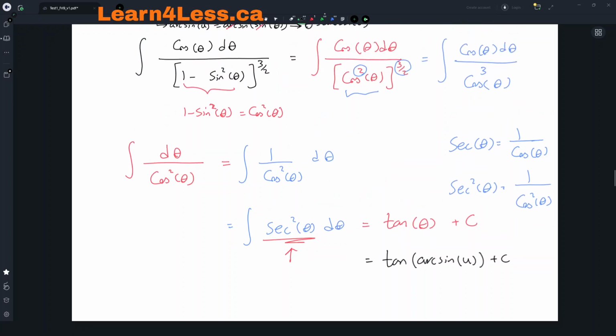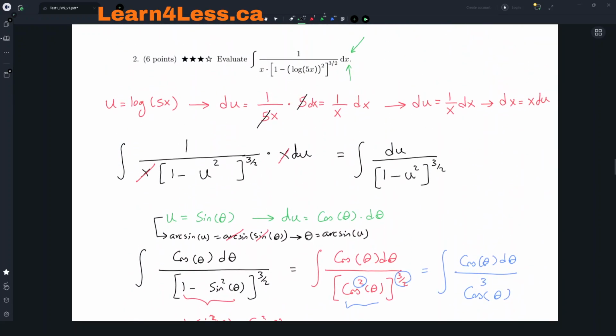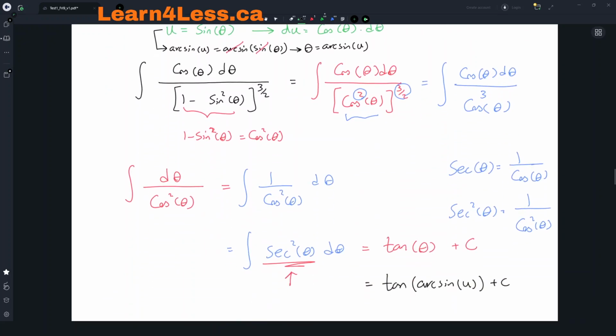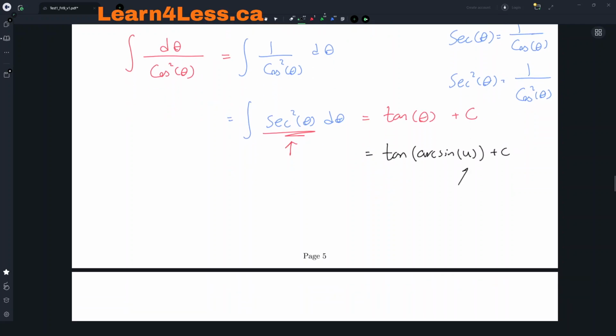And then we can go back and see what u is. U was introduced here: u is log of 5x. Then we can put it here and get the final answer. But before getting that final answer, let me spend maybe 1 or 2 minutes to simplify this part.